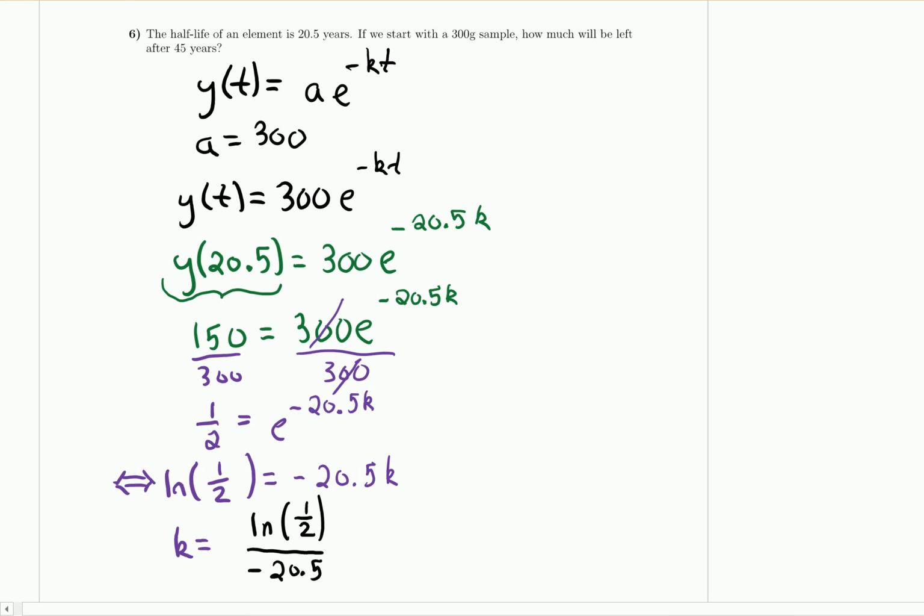Now that we know what k is, we can plug it back into our equation for y of t.